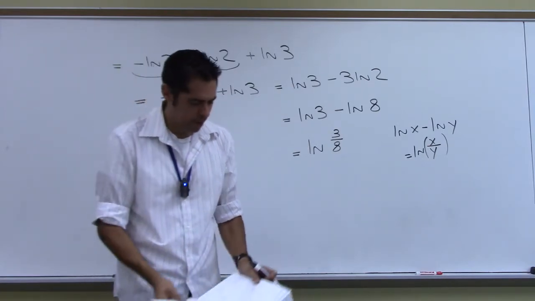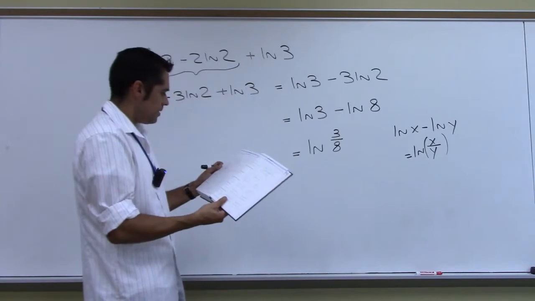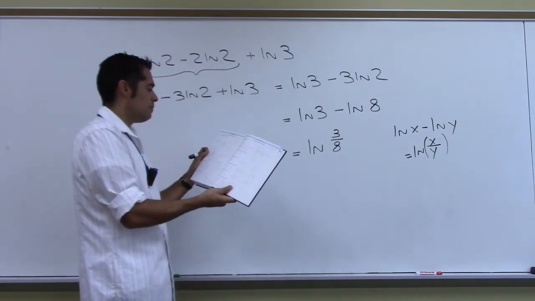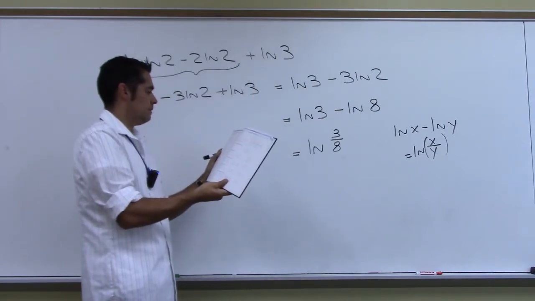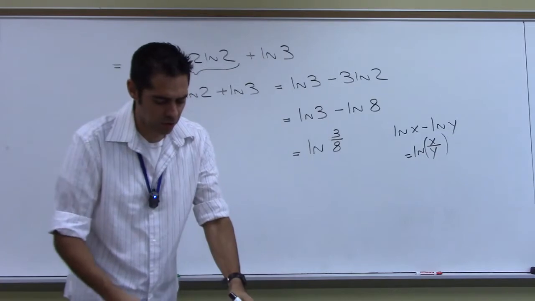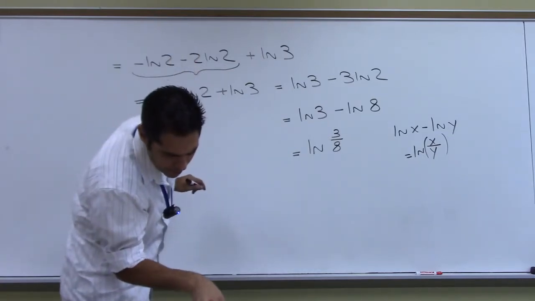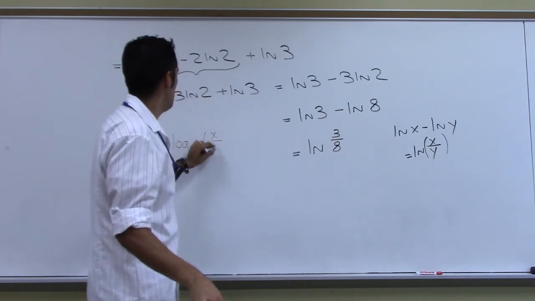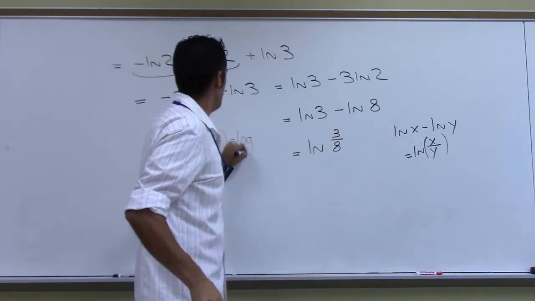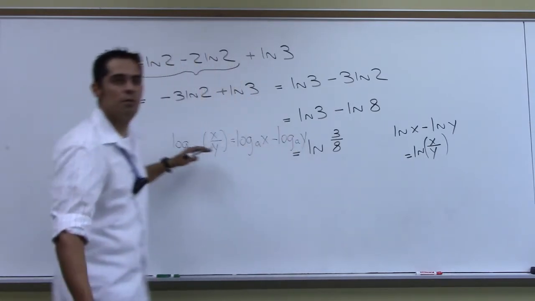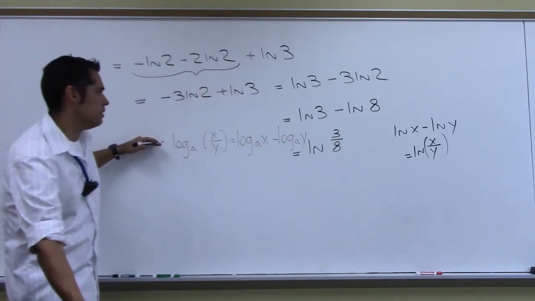Hey, what do you know? That's reference page 4, Laws of Logarithms, property number 2. Except they use an arbitrary log. They use log base A of x over y equals log base A of x minus log base A of y. That's the formula in your formula sheet.